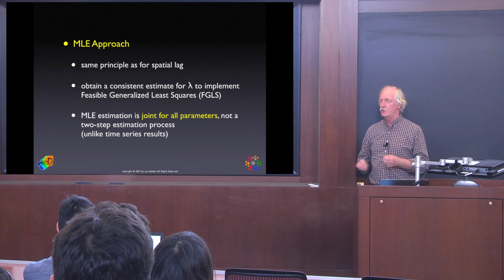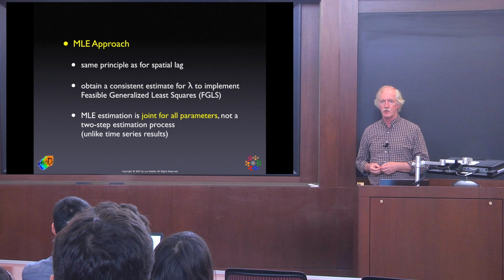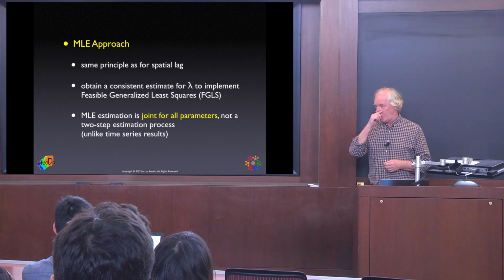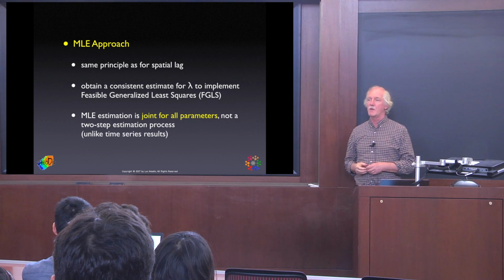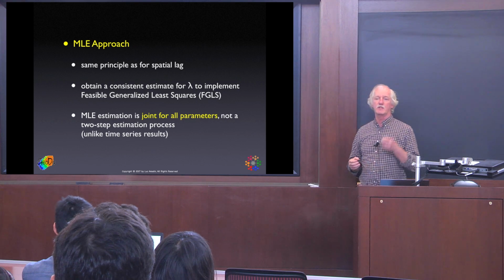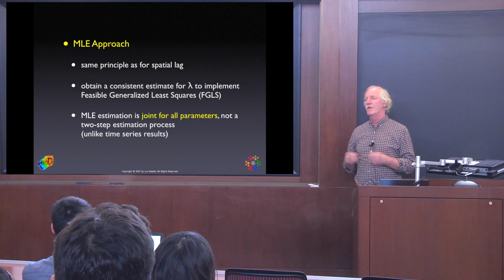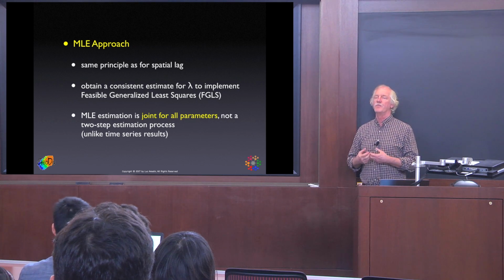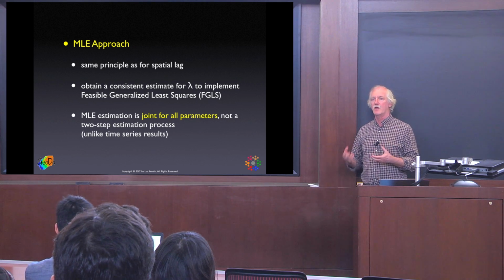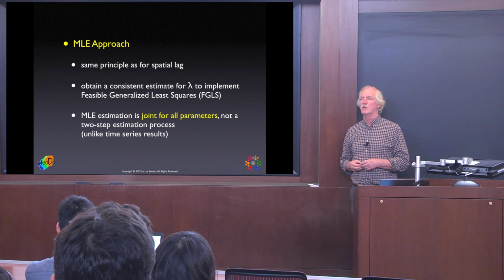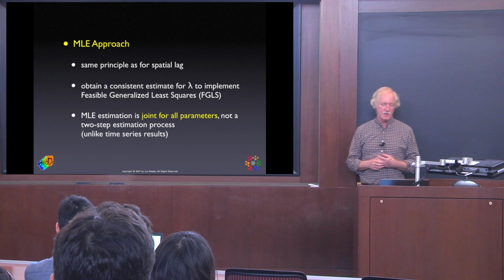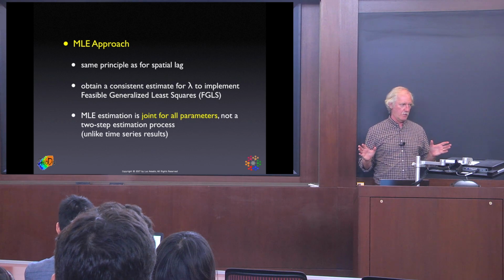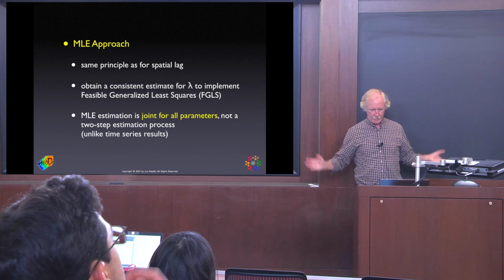We have to assume normality for the error terms. That normality for the error terms yields normality for the dependent variable, which is the one we can observe. And then we can spell out the likelihood function and obtain an estimate for lambda from that likelihood function. So unlike the time series case, there's no shortcut. You have to do everything.